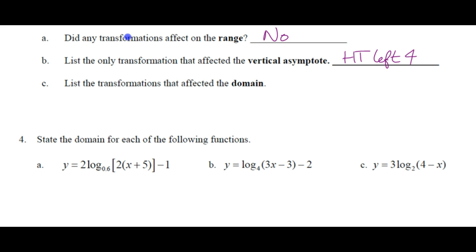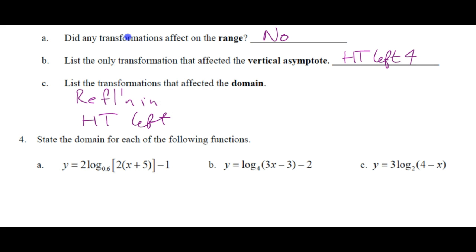List the transformations that affected the domain. Okay, so which transformations? So you just go down to your list, say what changed the domain? It should be x is greater than 0, but so horizontal translation, and what else? So the reflection was the first one. So reflection in the y-axis will change the domain, and the horizontal translation, left 4.